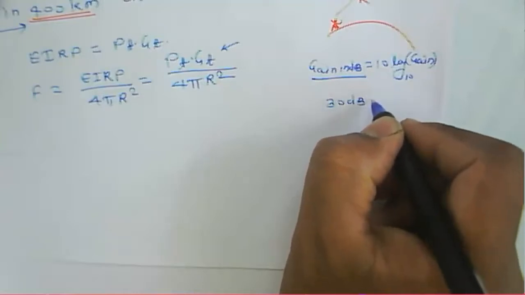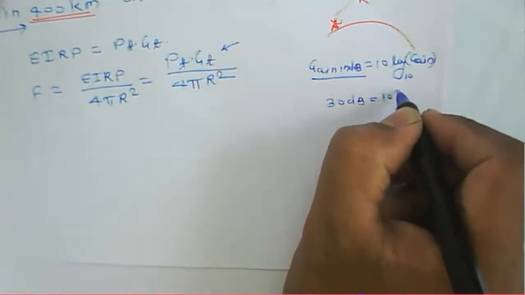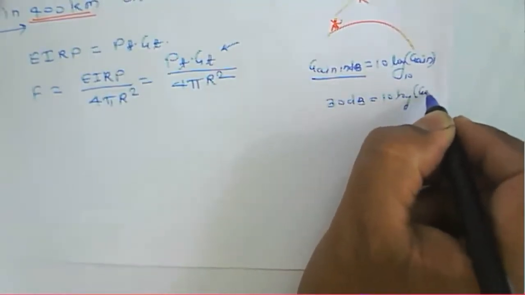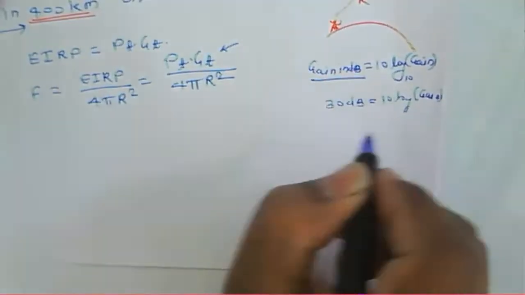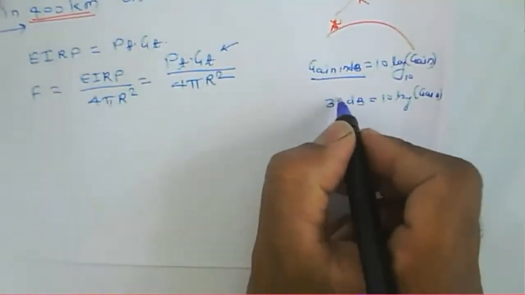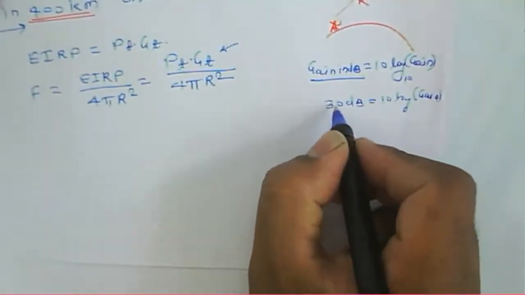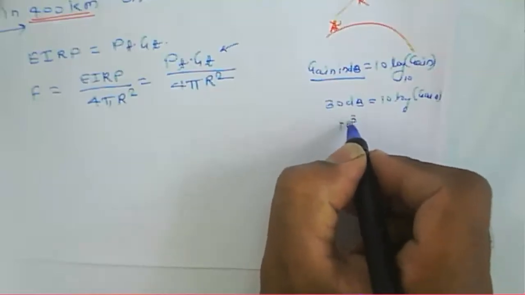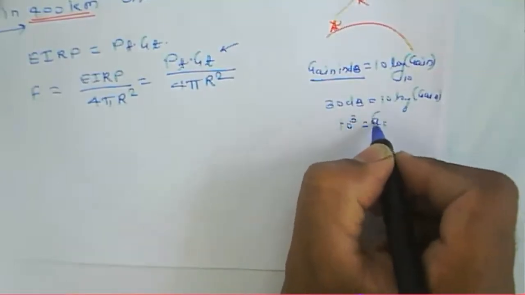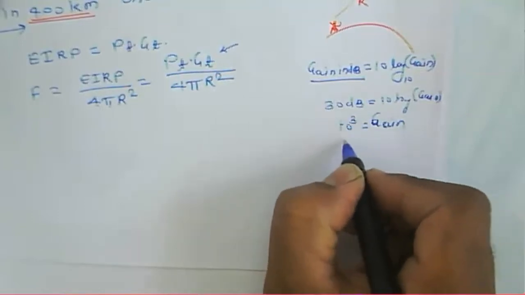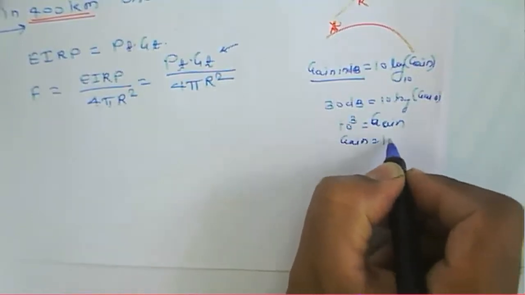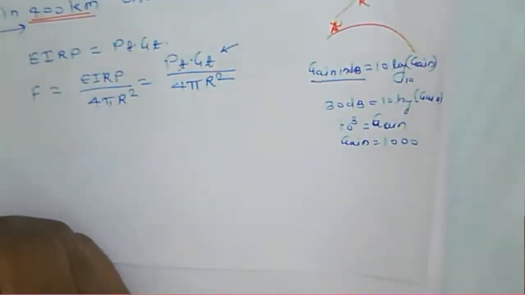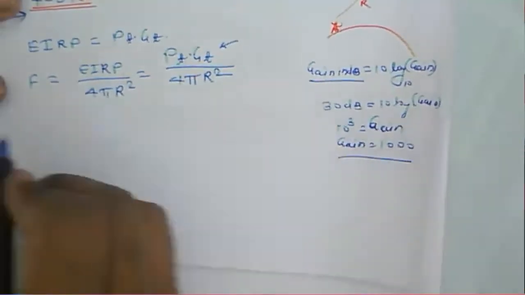That's why we have 10 log of the gain term for the transmitting antenna. The zeros get cancelled, then antilog of it, 10 to the power 3, that will be nothing but the gain here. So the gain will be 1000. Okay, now the gain value will be 1000.